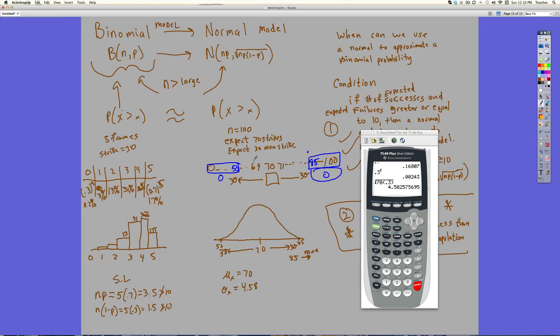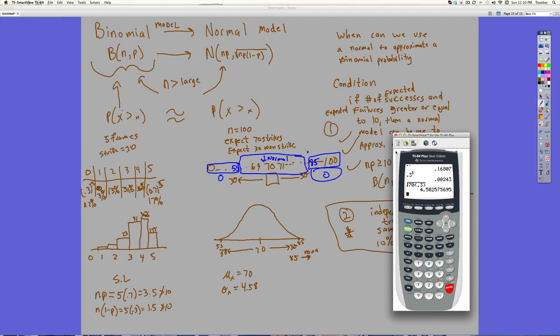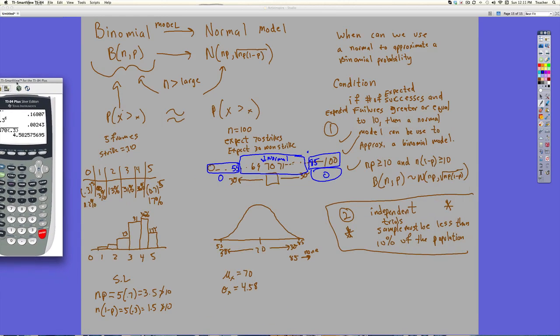So really, I'm only interested in this middle portion right here, and the graph of this middle portion will look normal. So now we could do our normal distribution, just like we've been doing with z-scores. That's when we could use the normal to approximate the binomial.